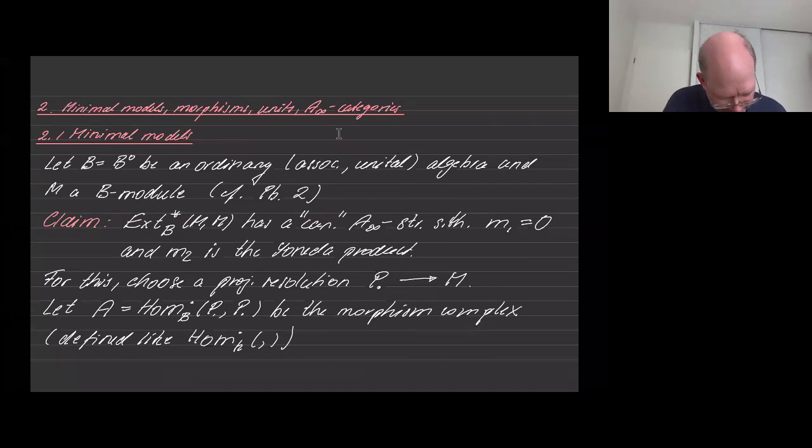We endow A with the multiplication mu, which is just the multiplication of graded maps.